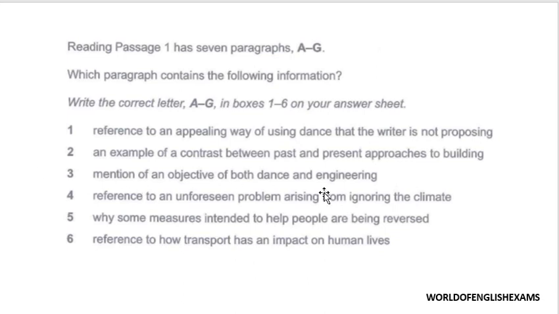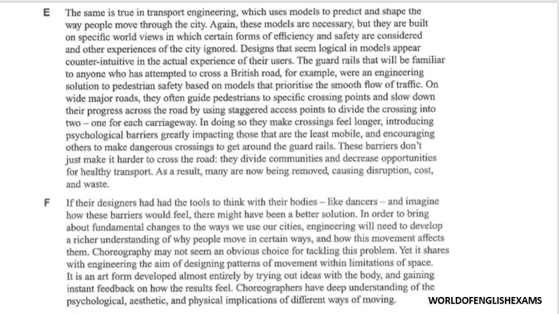Mention of an objective of both dance and engineering. So this paragraph should talk about an aim that's related to both dance as well as engineering. So it should cover both of them. So let's see. We'll start reading paragraph F. If their designers had the tools to think with their bodies like dancers and imagine how the barriers would feel, they might have a better solution.